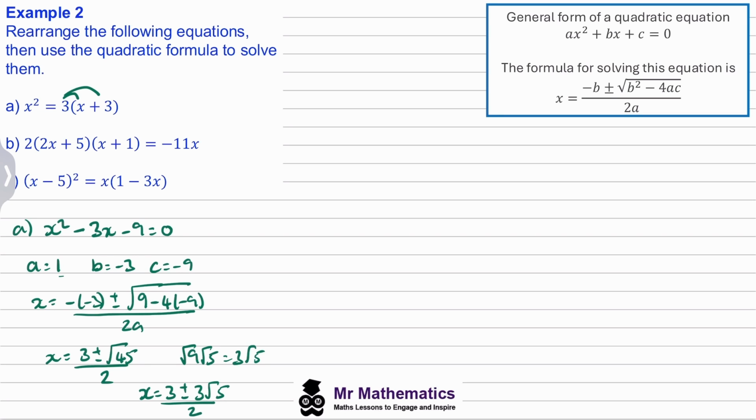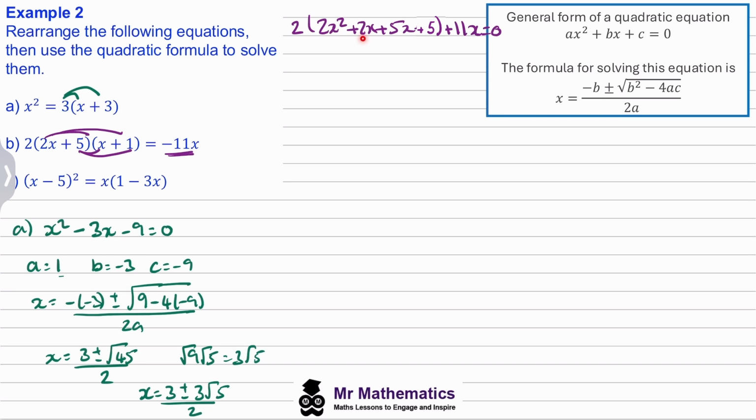So for question B, I'll expand out these brackets. So we'll have 2x squared plus the 2x plus the 5x. And we'll move this negative 11 over to the left-hand side. That'll be plus 11.